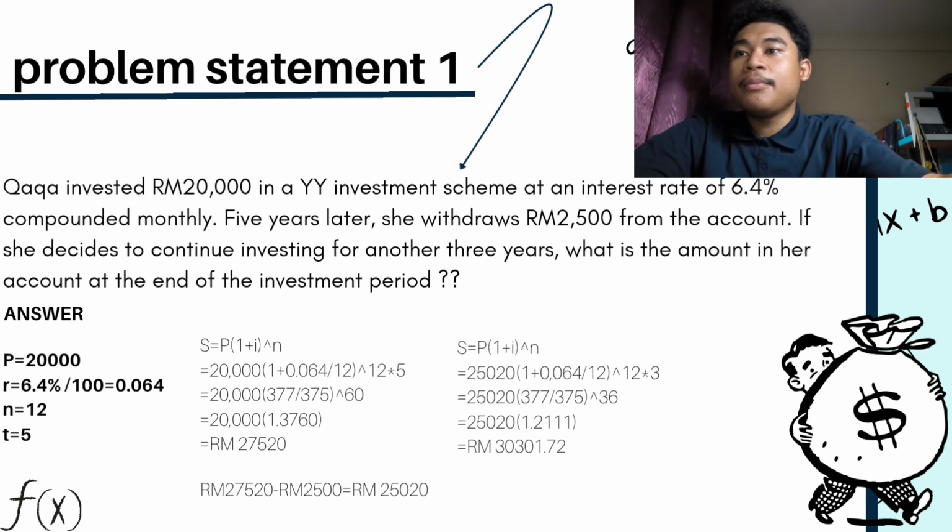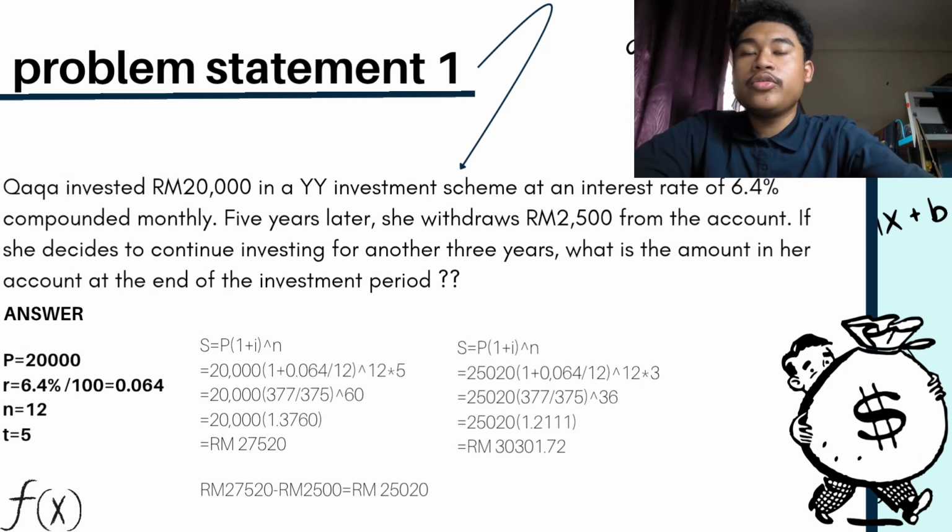We have P equal to 20,000, r is 6.4%, so we divide by 100 and get 0.064, m equal to 12, t is 5. We use the formula and get 27,520 ringgit, and we subtract 2,500, so we get 25,020 ringgit.